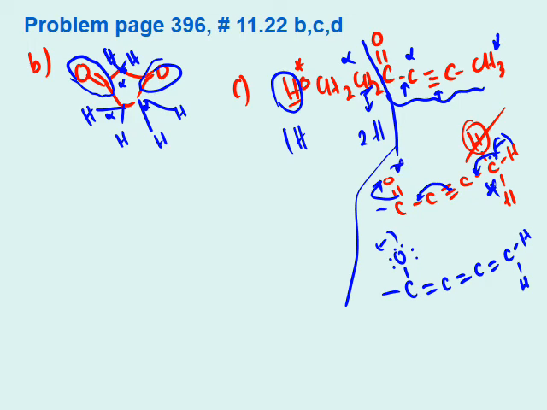So that's going to stabilize this carbon with the electron pair. In other words, nature is going to favor removal of hydrogen as an acidic hydrogen. So now we get these three also acidic hydrogens.